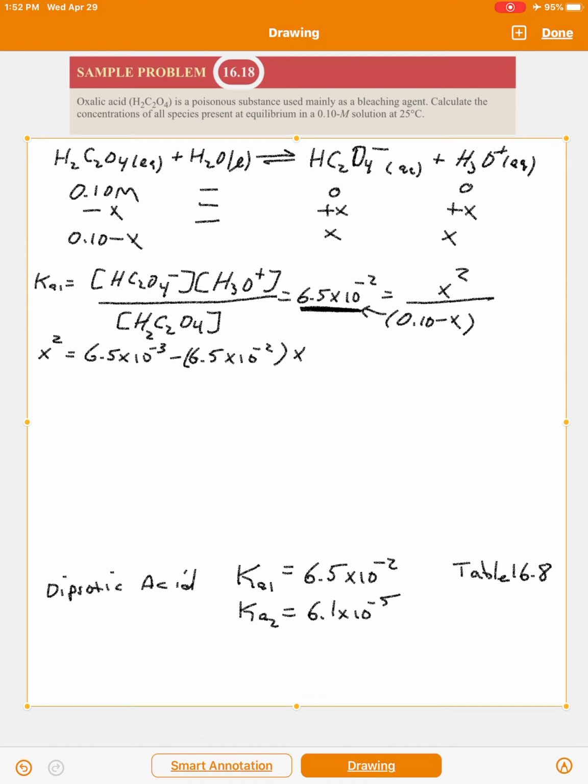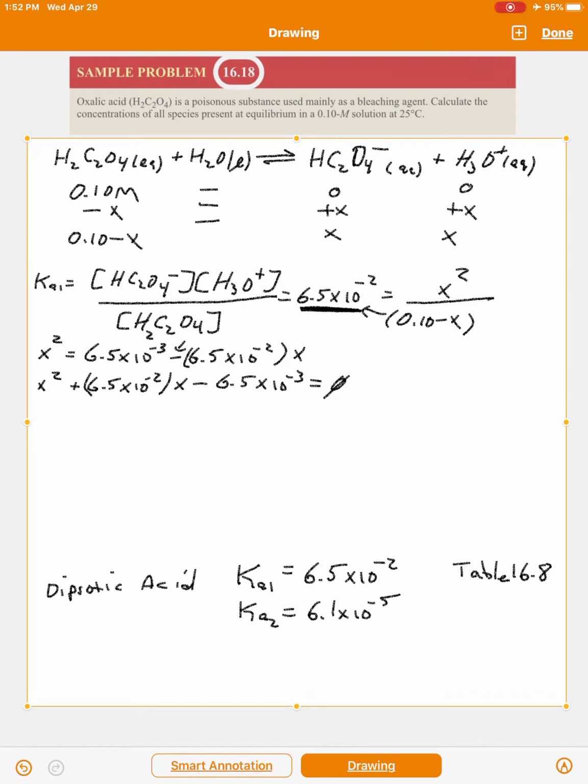So now we can just move the two terms on the right over to the left. So I'm going to add 6.5 times 10 to the minus 2 x, because it's a minus here, so adding it. And then we're going to subtract 6.5 times 10 to the minus 3, and that'll give us 0.